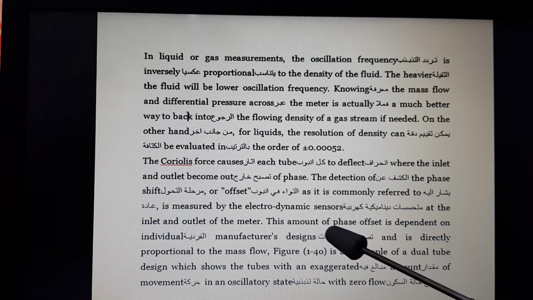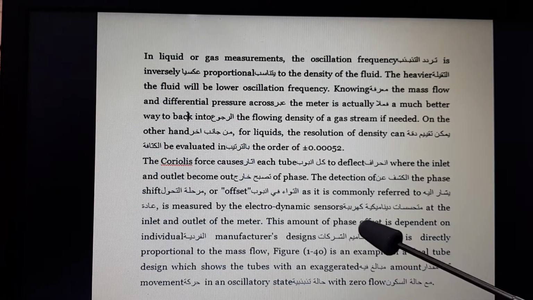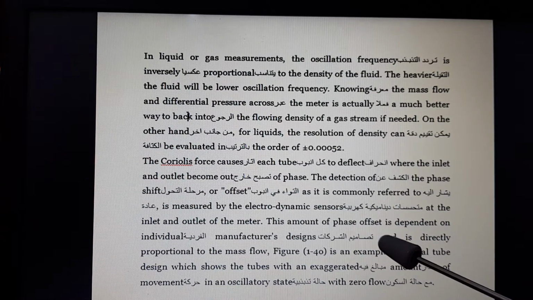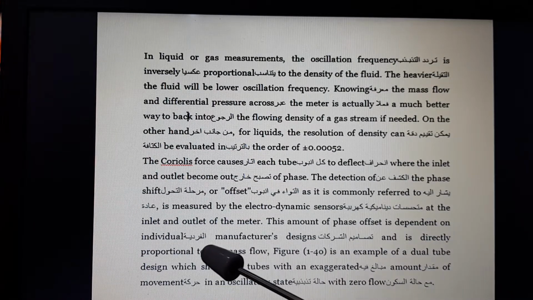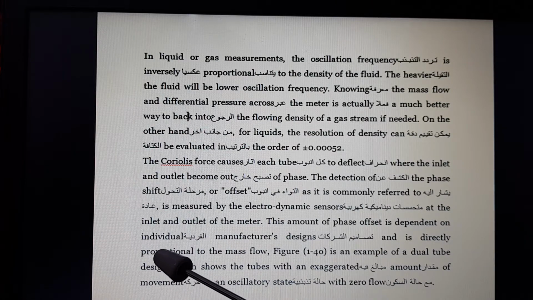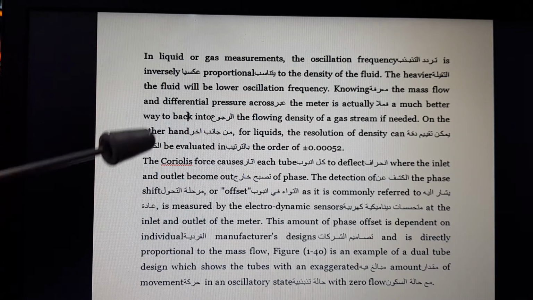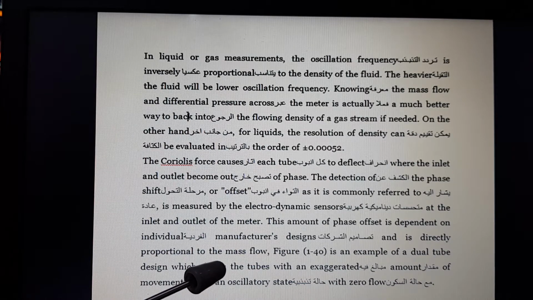This amount of phase offset depends on individual manufacturer design and is directly proportional to the mass flow.